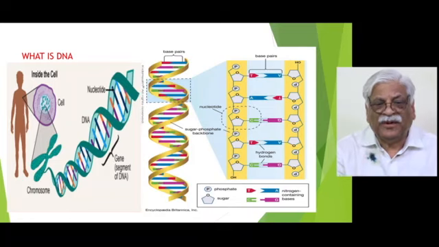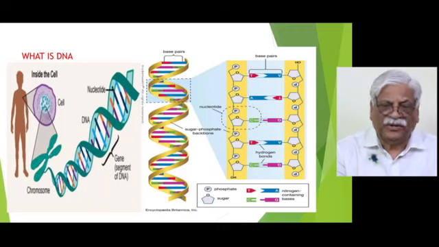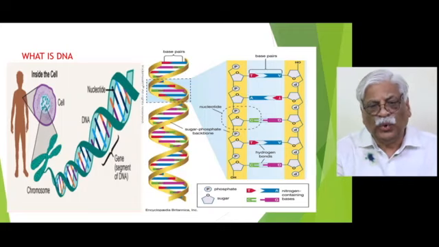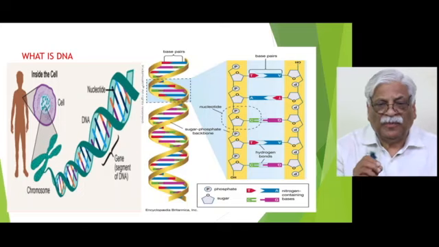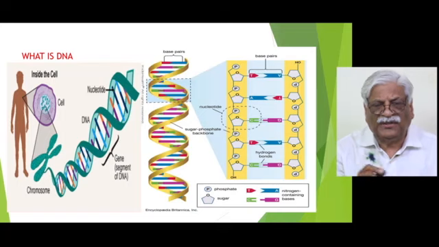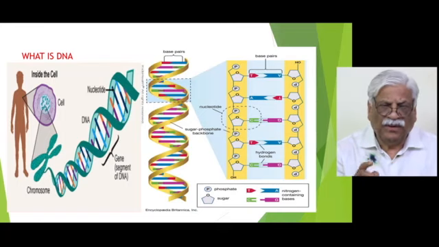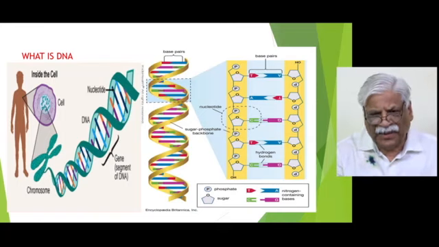In the next nucleotide, there is written A and T, so adenine and thymine. Then in the third, you can see C and G. C stands for cytosine and G stands for guanine. So in the formation of DNA, there are 4 nitrogenous bases: thymine, adenine, guanine and cytosine.